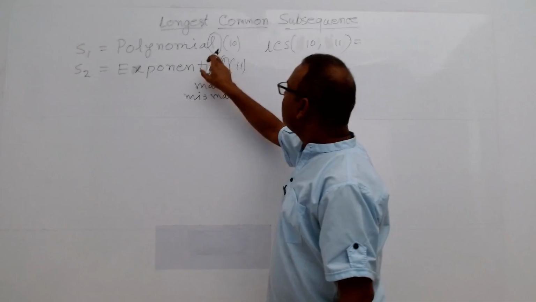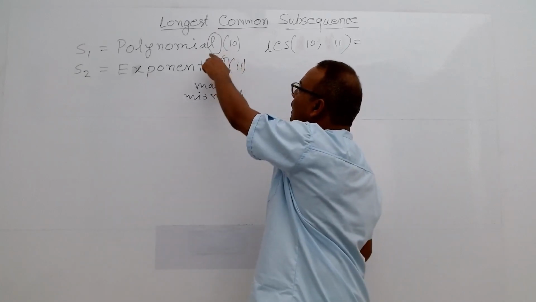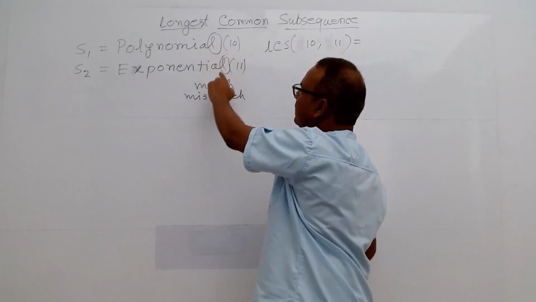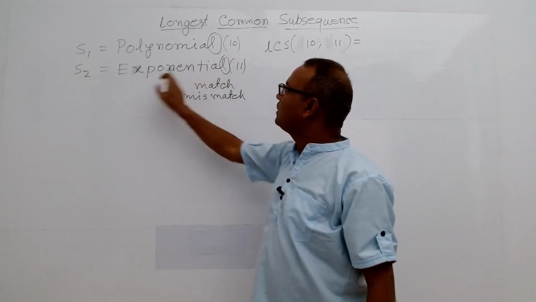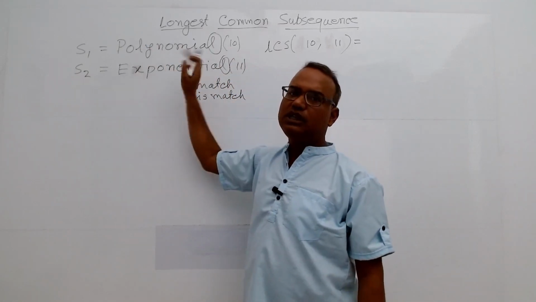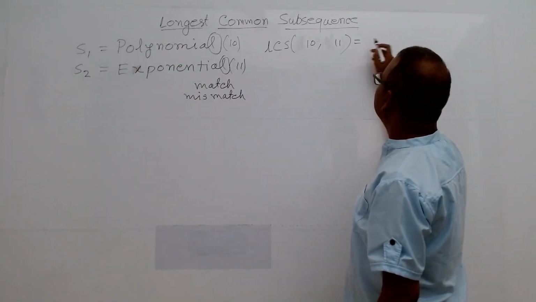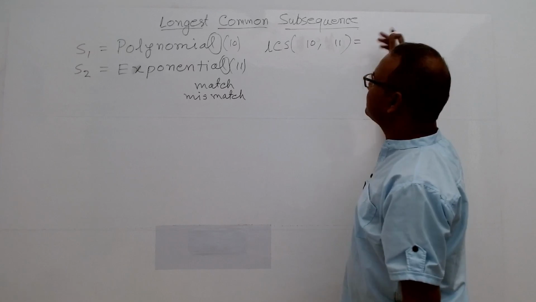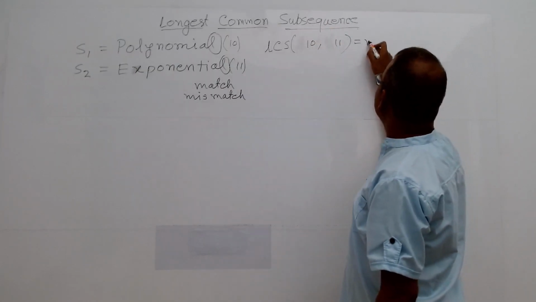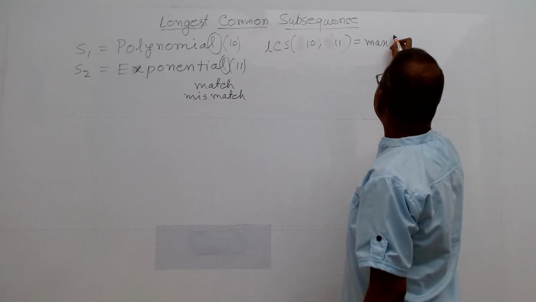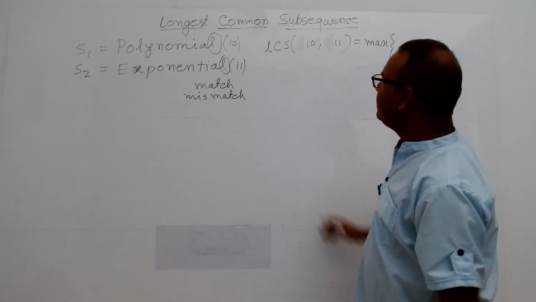So if this is a match, what will we do? We will chop one character from both strings and continue the longest common subsequence over the remaining strings. So that option can be written as, first I have to write max or min. It is a longest common subsequence, so I have to write max here. And what are the options? How many subproblems are there?